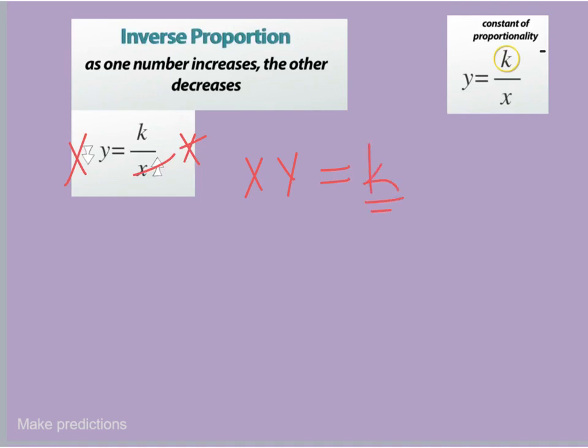And what that means is that if I change any of the values for either x or y, so I could have an initial x and initial y, and I change one of them, the other's going to change in such a way that after the change, I can multiply x and y together, and I'm still going to get that same constant.